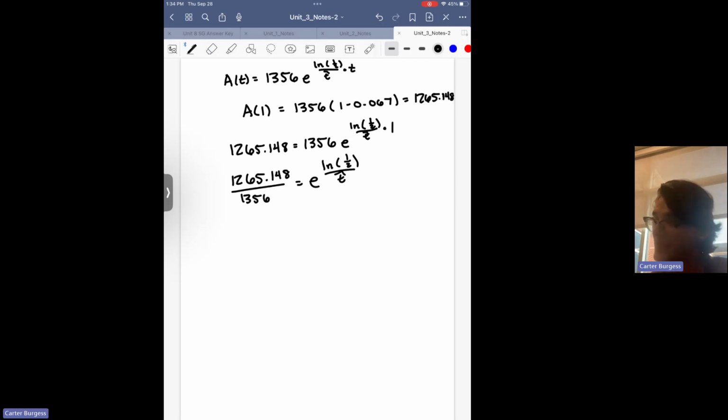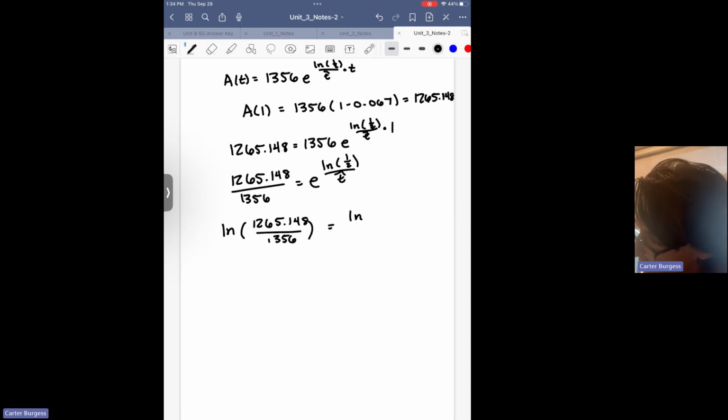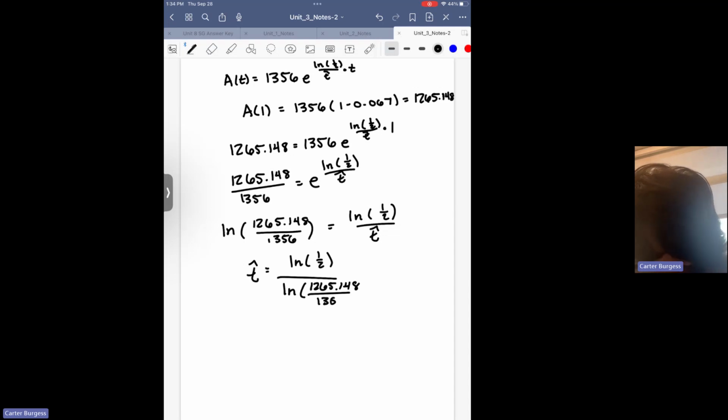And then rewriting this statement as a logarithm, we get that the ln of this whole thing over 1356 is equal to the ln of 1/2 over t hat. And solving for t hat, that t hat was equal to the ln of 1/2 over the ln of 1265.148 over 1356, which also gives us 10.35 months.